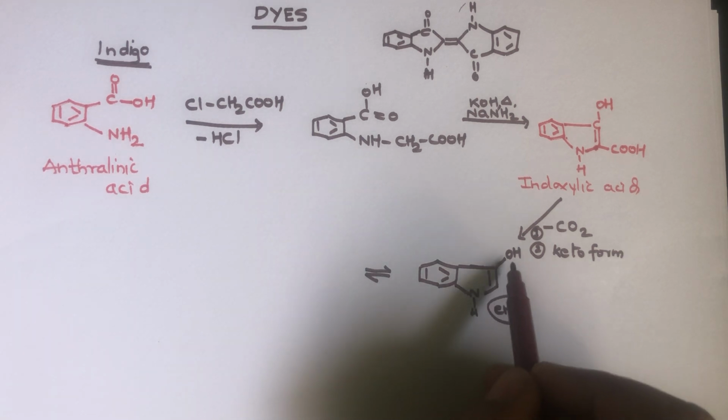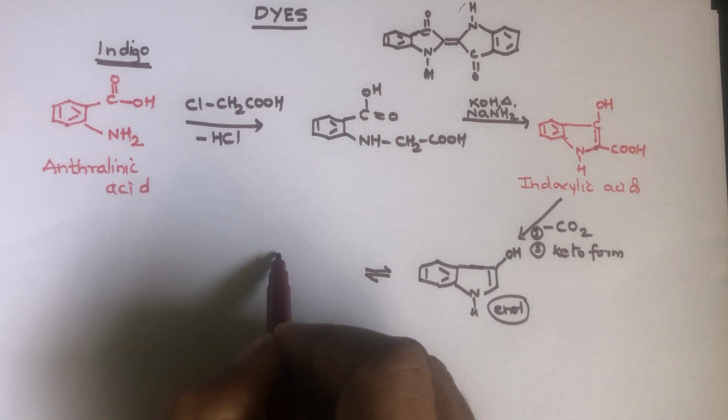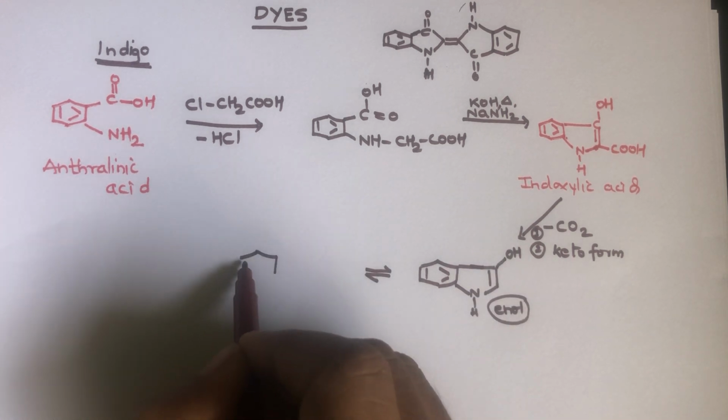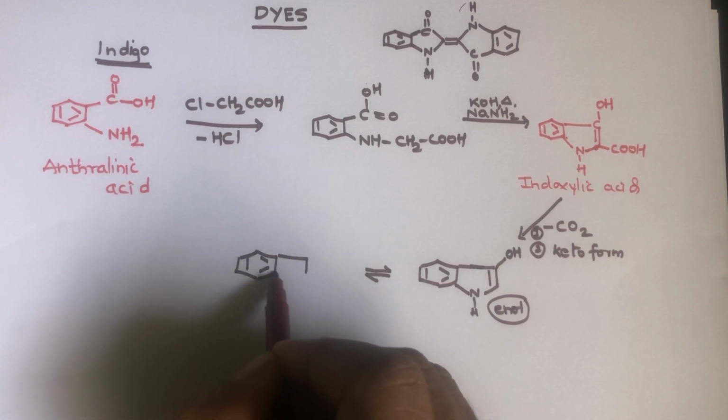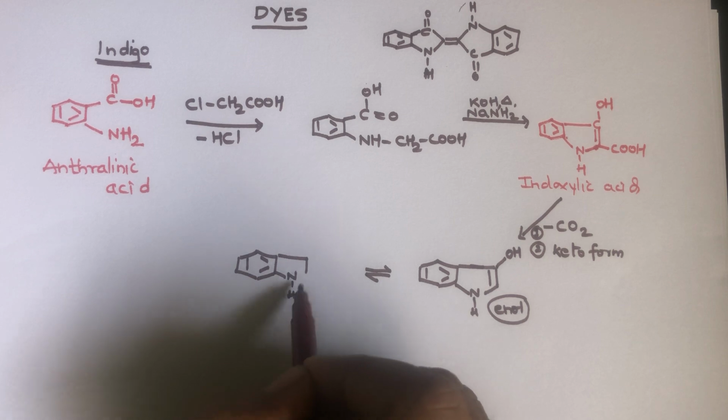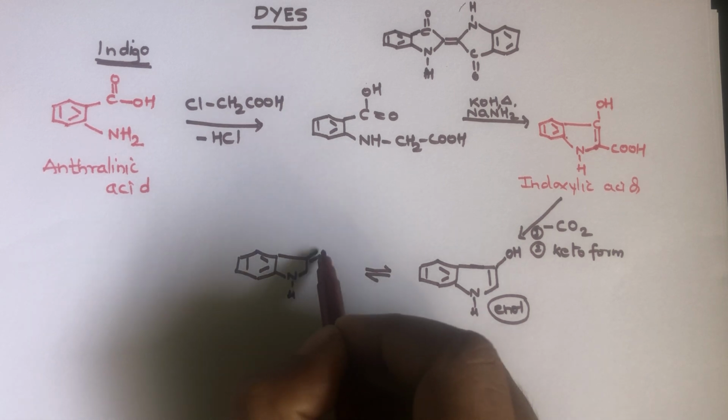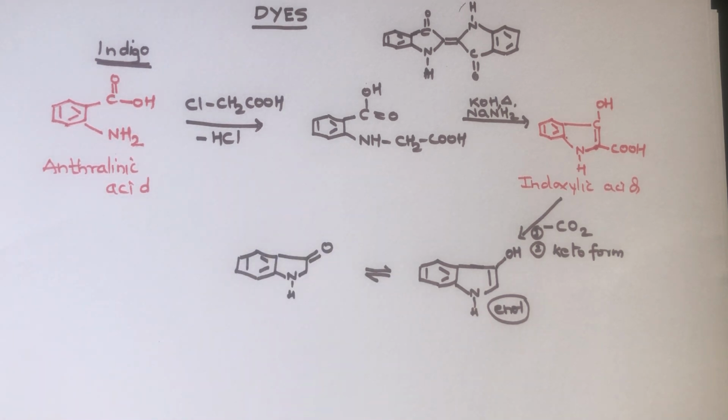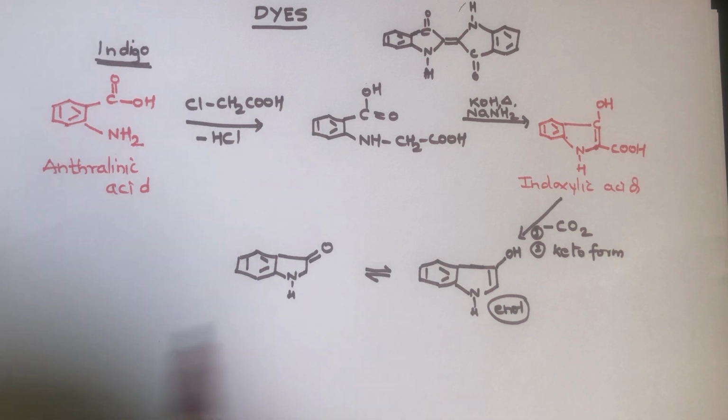Enol means there is a double bond and OH. Keto form means you get a double bond here and H moves here. So it gets converted to this keto form.